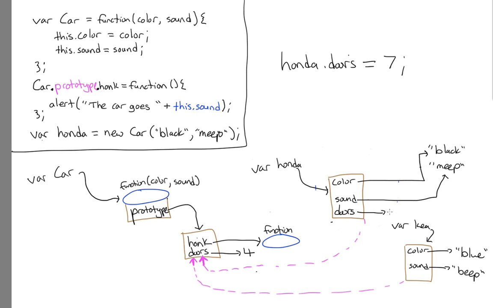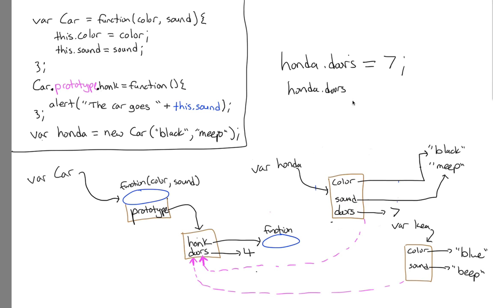So this will point to 7. So now, anytime we do Honda.doors, this is going to find the property inside Honda before it finds it here. So Honda.doors will give us 7, as we expect.